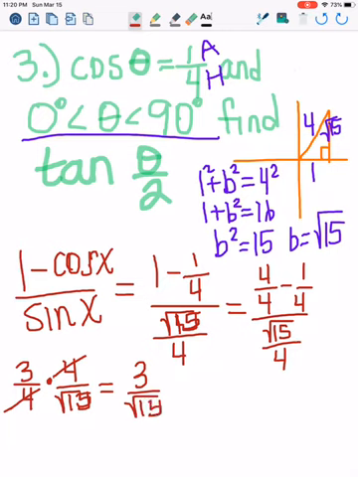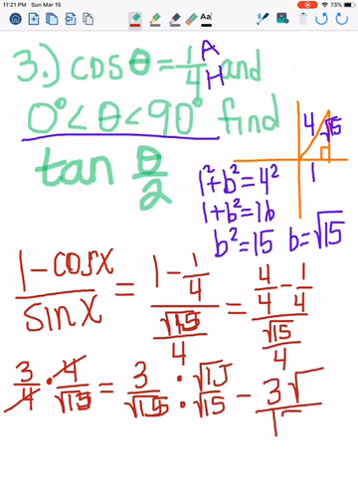And then, as we know, we can't leave it like that, so we're going to rationalize the denominator. We're going to multiply both the numerator and the denominator by root 15. And so then we should have 3 root 15 over 15.